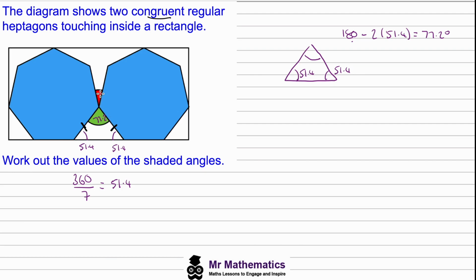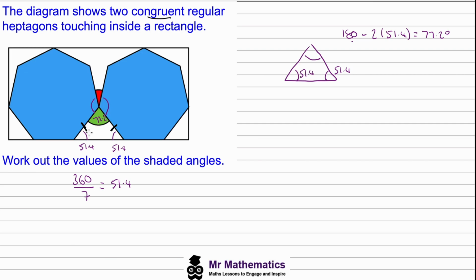Okay, so moving on to this red one, well, we can see that this green one, this one in our heptagon, this interior angle, is the same as this interior angle, and all four add together to make 360 because they join about a point. So what we need to do now is work out this interior angle.